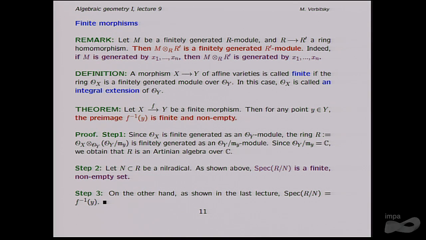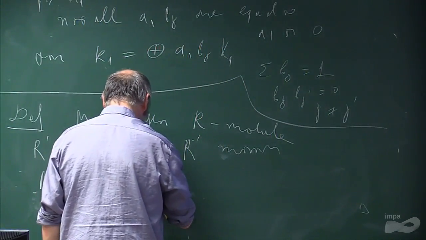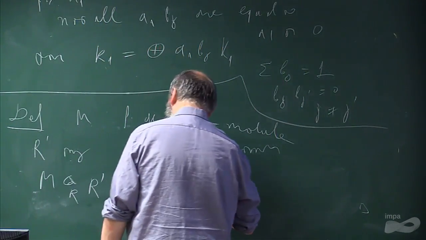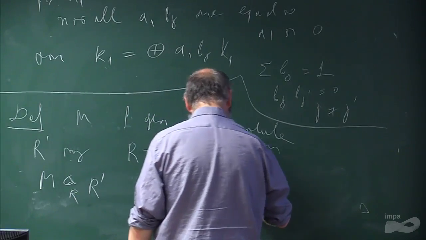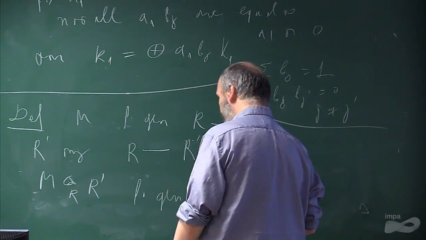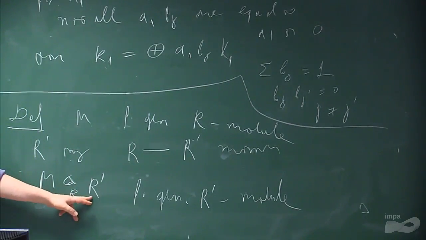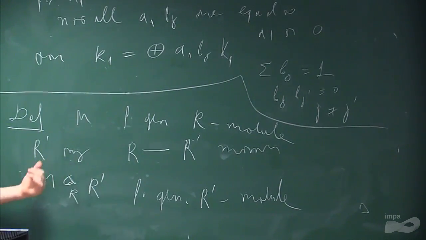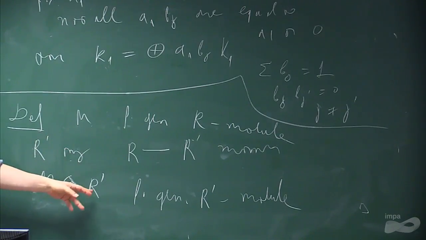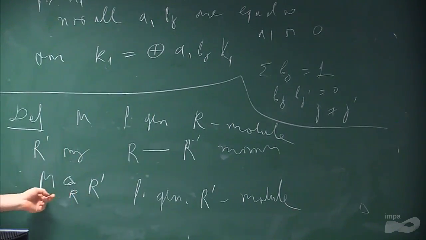Then you can take a tensor product, M tensor over R with R'. This is an R'-module. It's finitely generated. First, why is it an R'-module? Because R' acts there. If you have an element of R', you just act by this element on this tensor product.